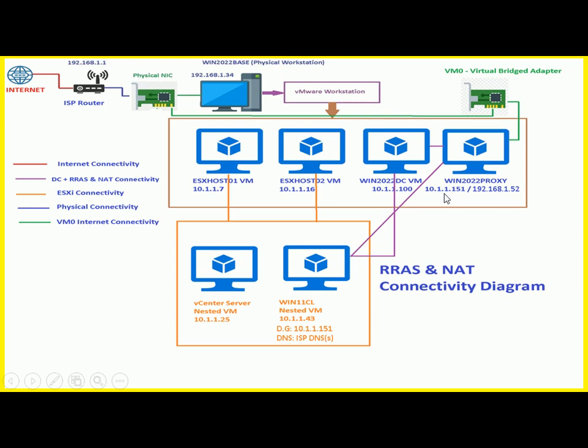One IP is in the existing 10.1.1.150 range, that means the existing DC range, and the second IP it will get from the ISP router, that is 192.168.1.52. So it will have two NICs. One NIC is your virtual NIC which is connected to your DC.